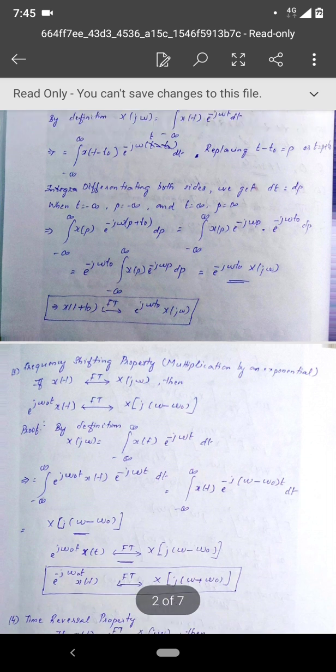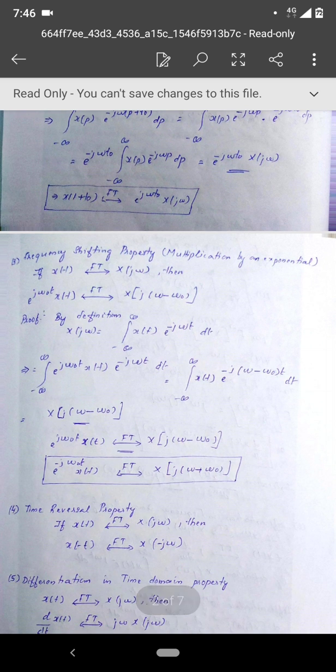Now coming to the third property, that is frequency shifting. Earlier, in the second property, we did time shifting. So what about frequency shifting? Actually, by the Fourier transform we are converting a signal from the time domain to the frequency domain. x of t is being converted to x of j omega, and omega is nothing but a frequency.